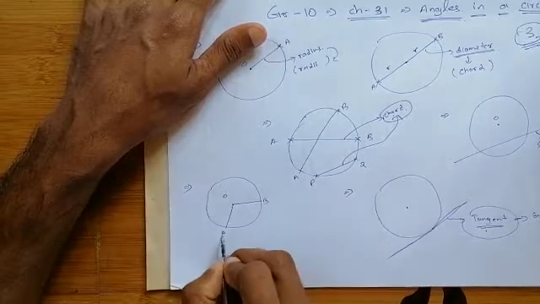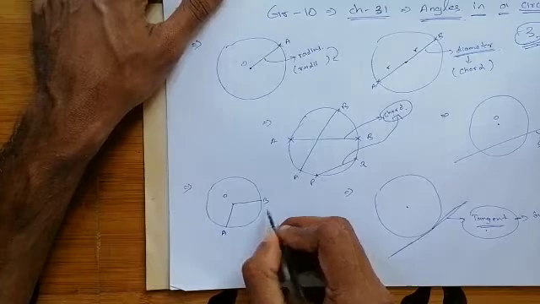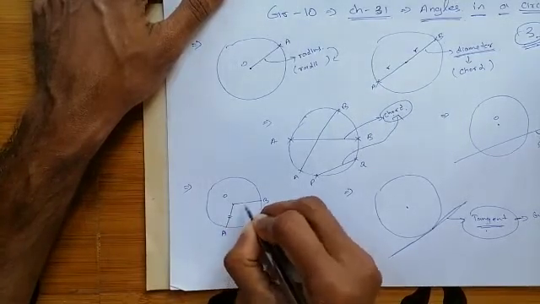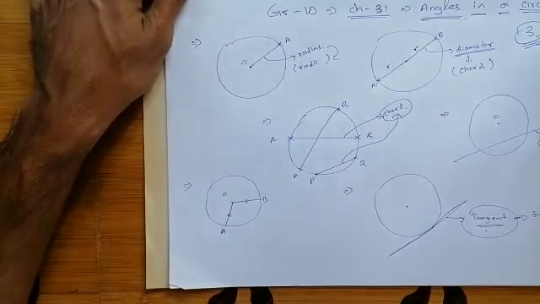A point on the circle is A, another point on the circle is B. If you connect OA and OB, OA and OB are equal because they are radii of the same circle.